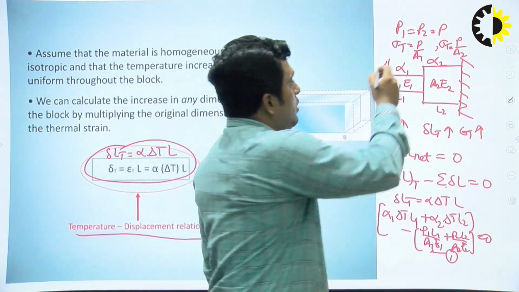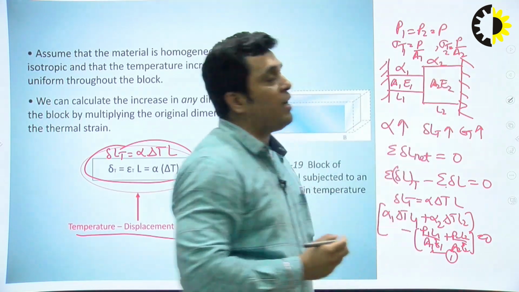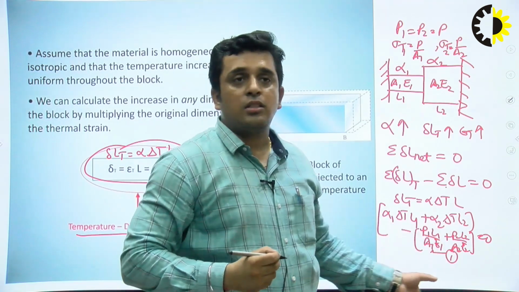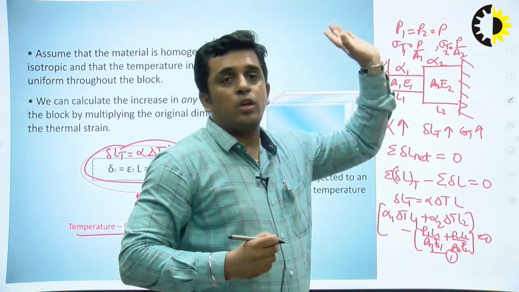Sigma T1 and T2 will be calculated like this, because you have calculated P from this equation. L1, A1, everything is given. You calculate P, use this equation, and calculate thermal stress.